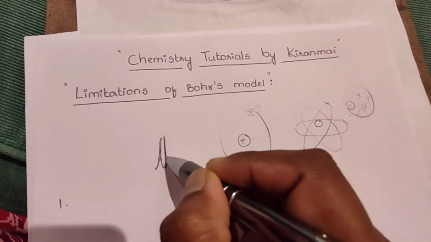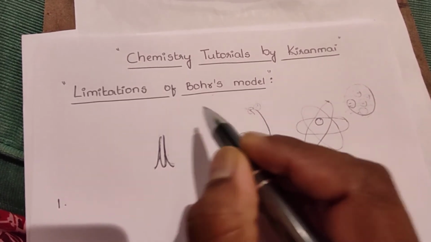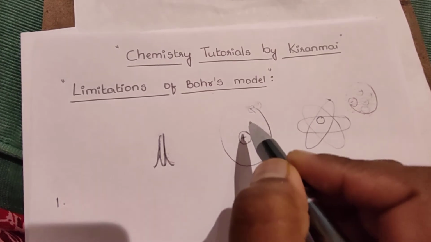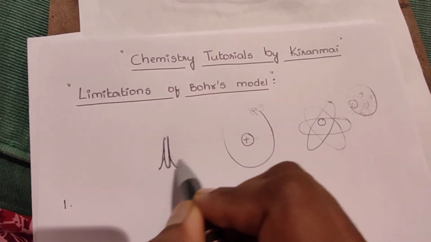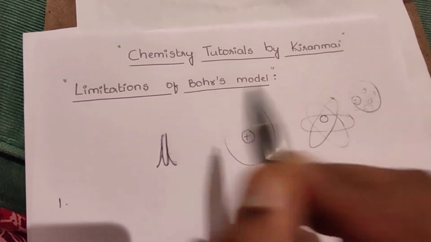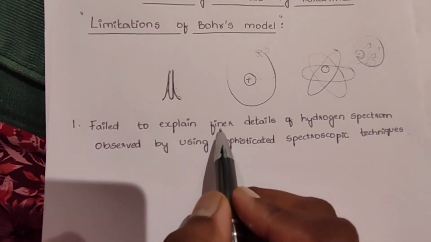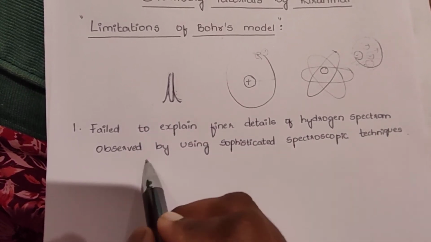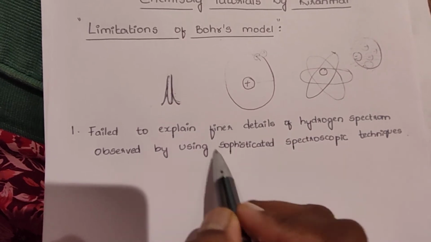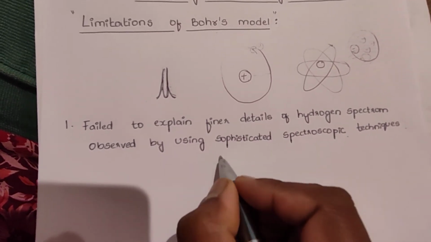Why these finer lines are observed in the spectrum is not explained by Bohr's model. So it failed to explain finer details of the hydrogen spectrum observed by using sophisticated spectroscopic techniques.